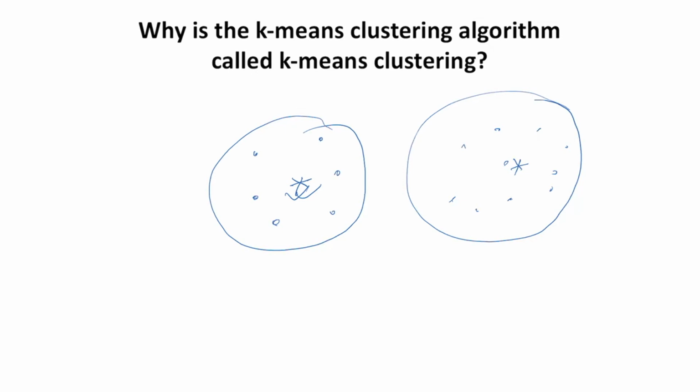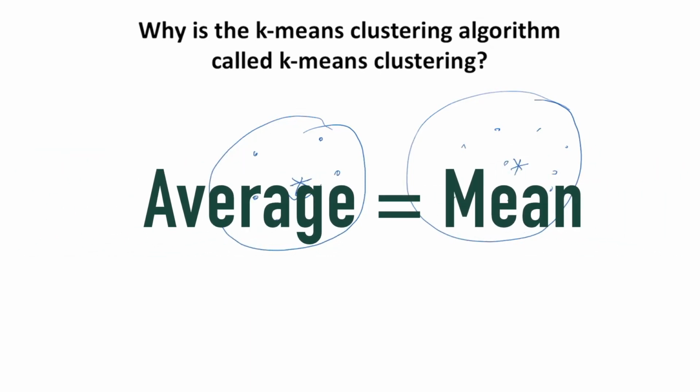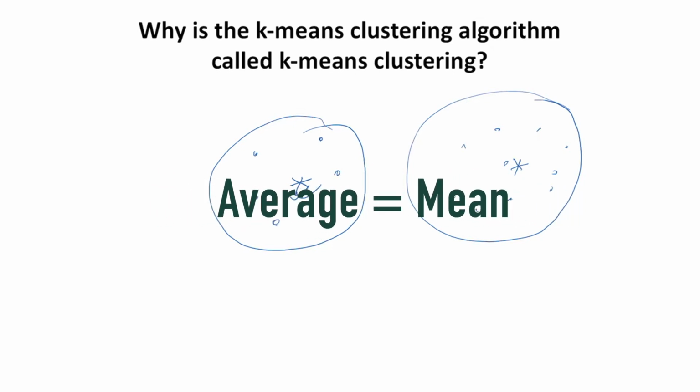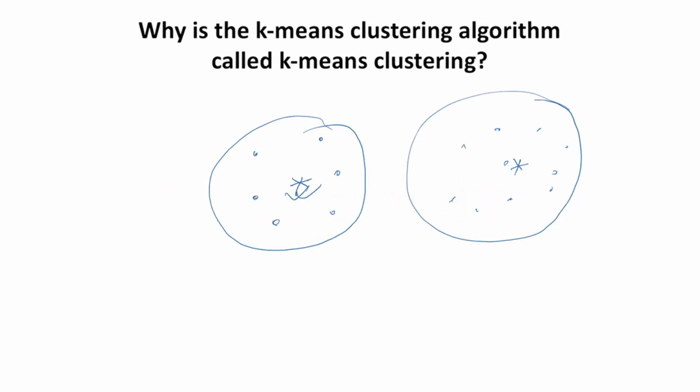Soon we will talk about how to compute the average of a set of points. A synonym of the word average is mean. Since the algorithm deals with k clusters, it deals with k averages of the k groups of points, and hence the name of the algorithm became k-means.